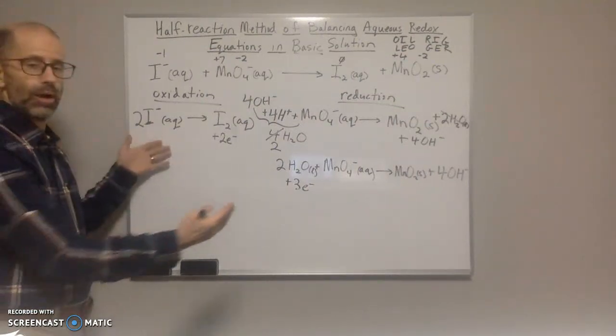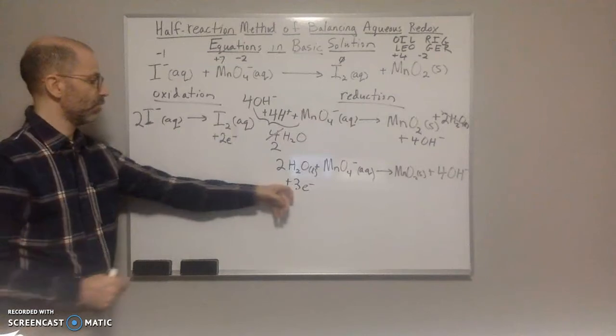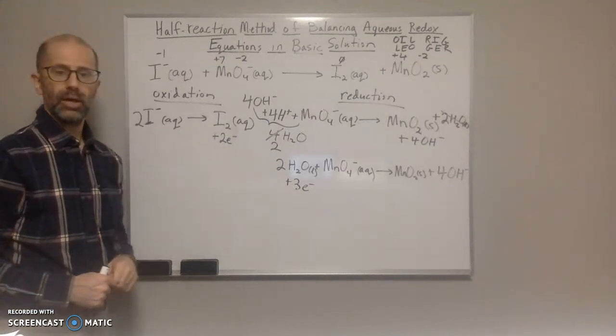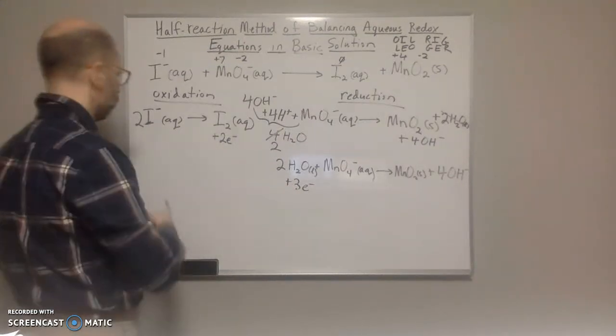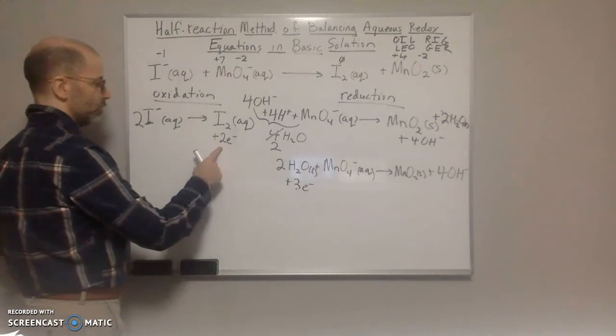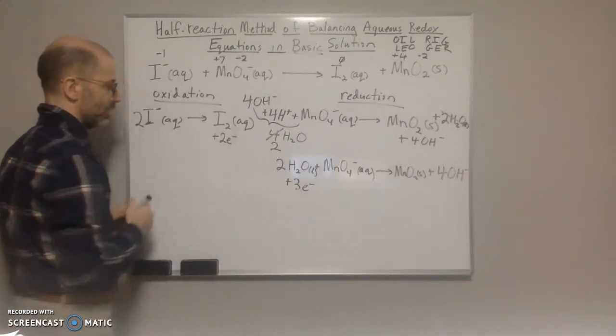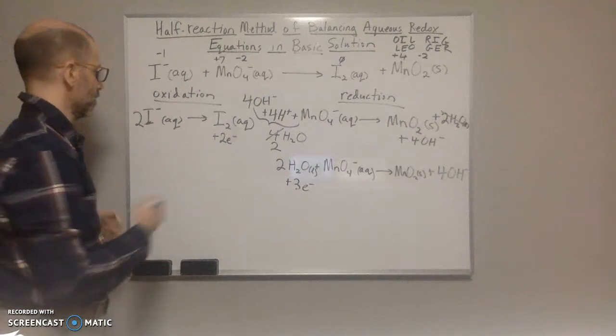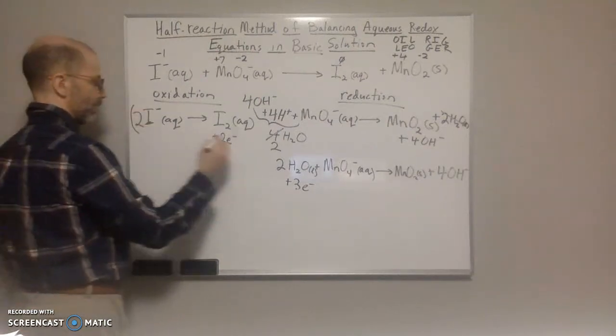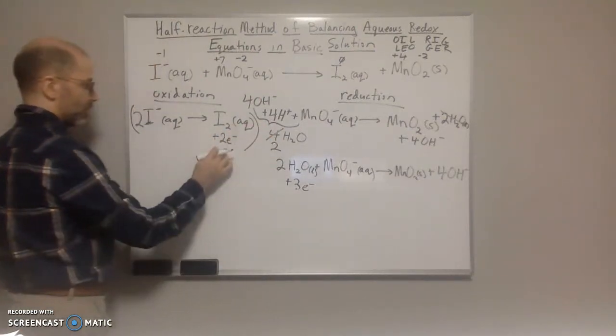And so now, before I add these together, I have to make sure the number of electrons are equal on both sides. So I have 3 on this side, 2 on this side. So if I had 6 on both sides, then that would cancel out the electrons. So I'm going to multiply everything here by 3.